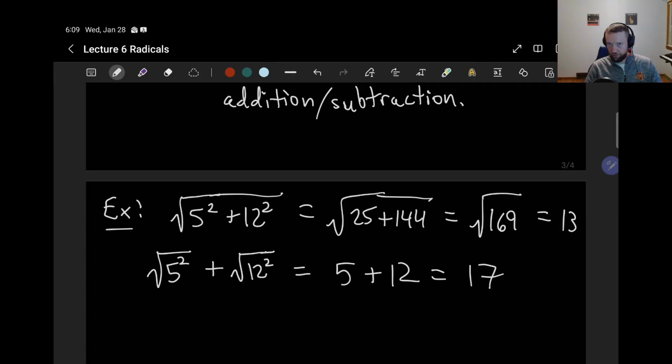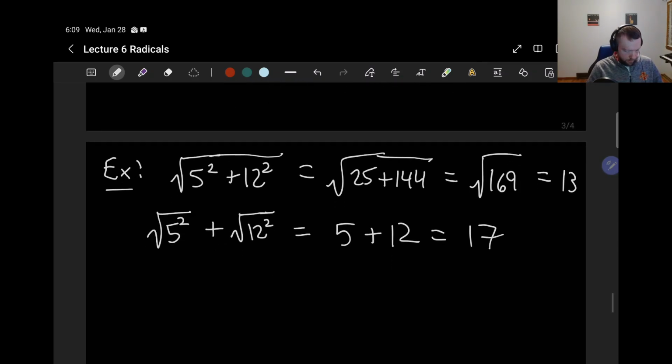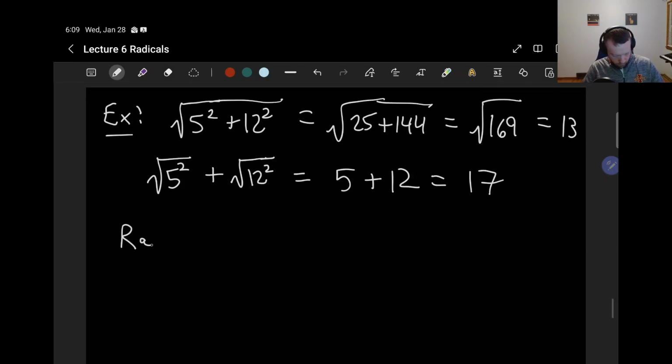So this gets you a different answer. So the above part was correct, but you're not allowed to split a square root over addition like this, or any kind of root for that matter. Now the good news is that the radical does distribute over multiplication or division. And we're going to use that.